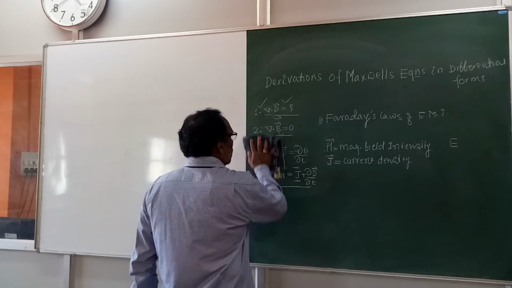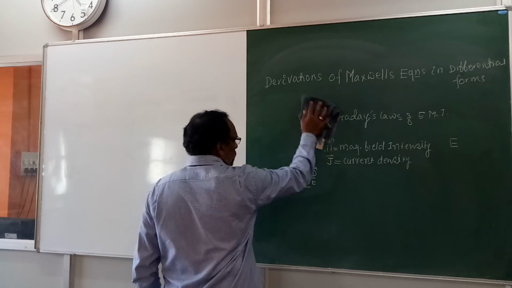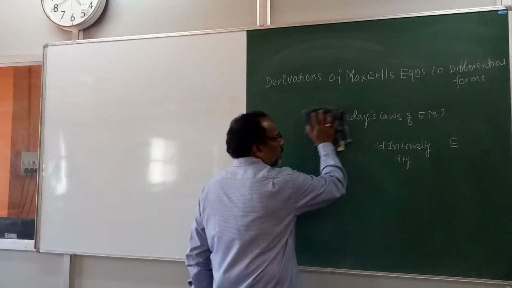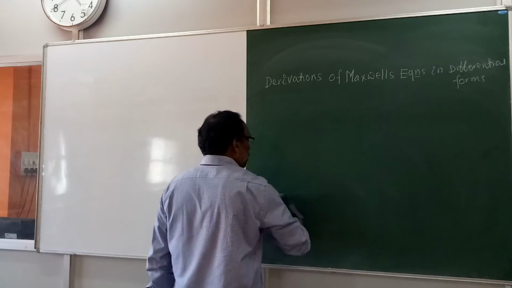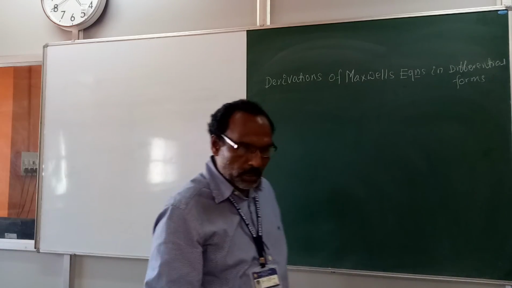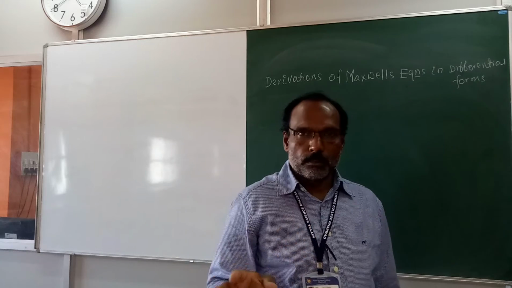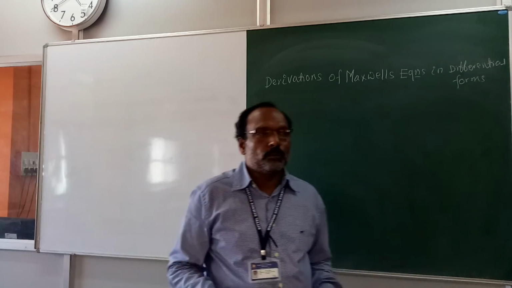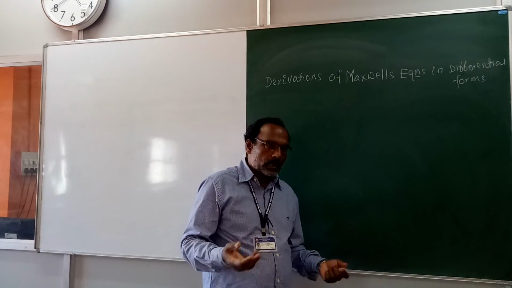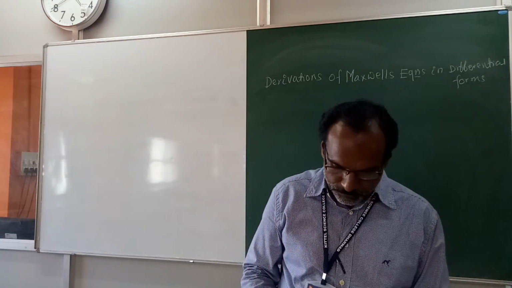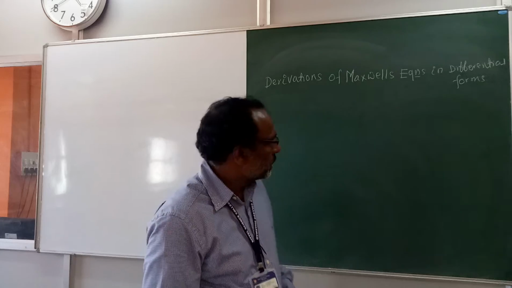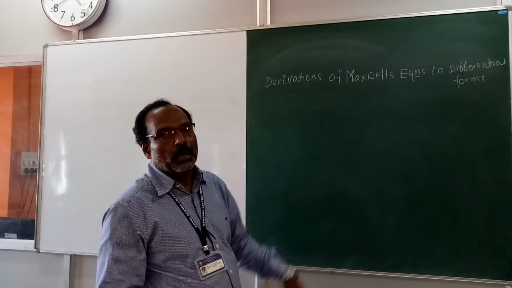Let us go for derivation of these equations one by one, and this is the core part of your syllabus. Though the derivations are simple, both meaningfully and mathematically, we have sufficient background now.